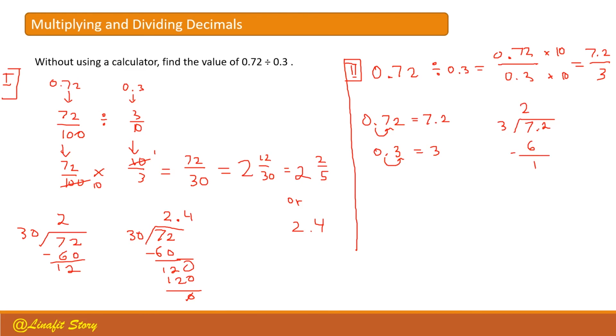Then align the decimal point here. Then drop the digit 2. 12 divided by 3 is 4. So the answer is 2.4.